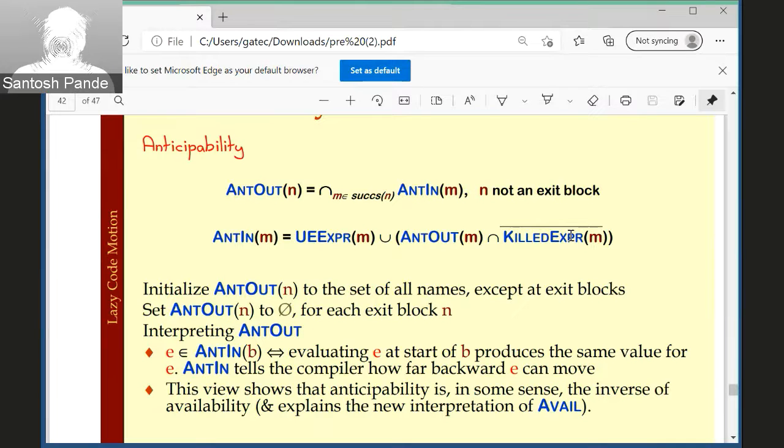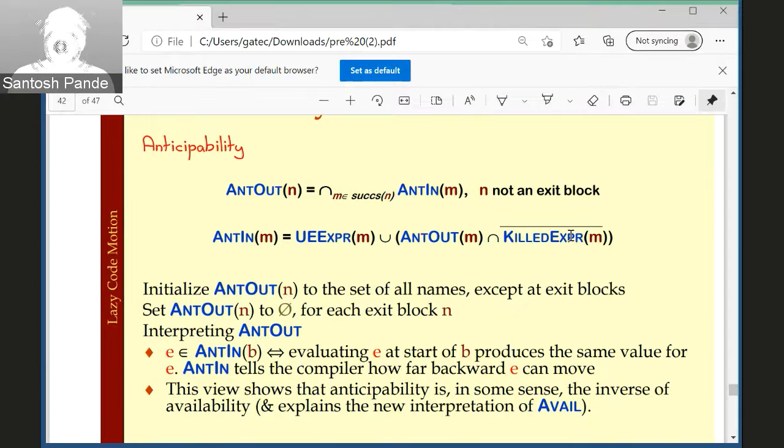The second group is that it was anticipatable at the end of that basic block, the ant out set, and it is not killed within that particular block. So it remains anticipatable. If you look through the basic block, along all the paths merged at the end of that basic block, the expression remains anticipatable because it wasn't killed.